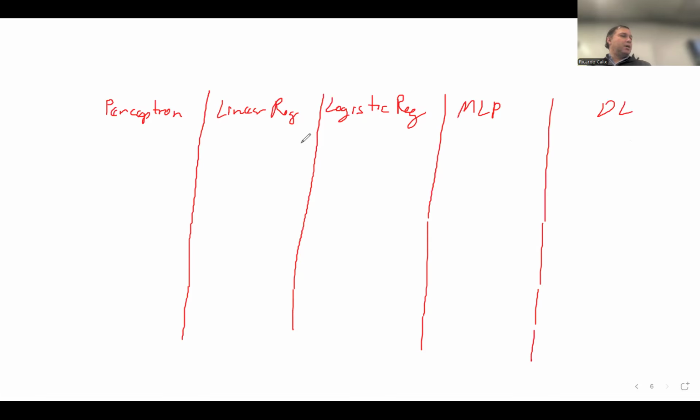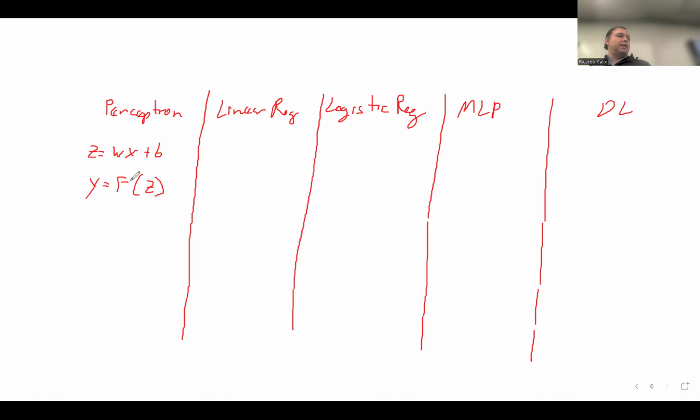So the perceptron was simply the first neural network in the 40s. It looks something like z equal W times x plus b, okay? And it had a simple function f that took z and made a choice. They called it a step function. So that was the original thing.